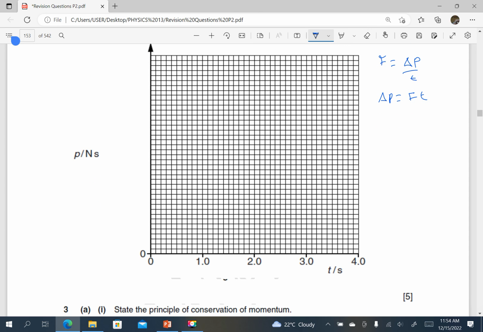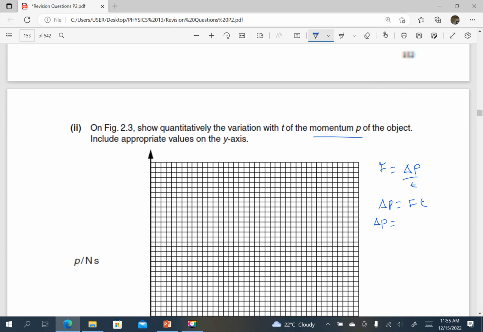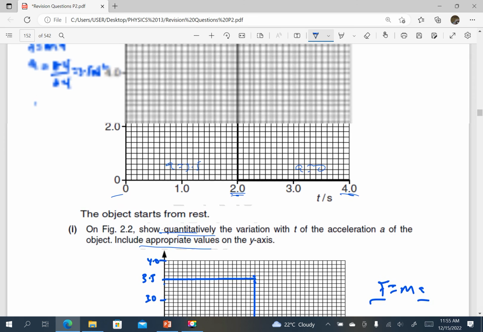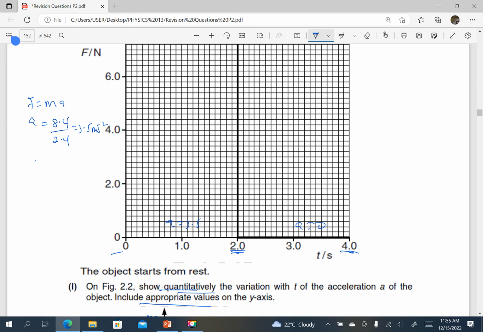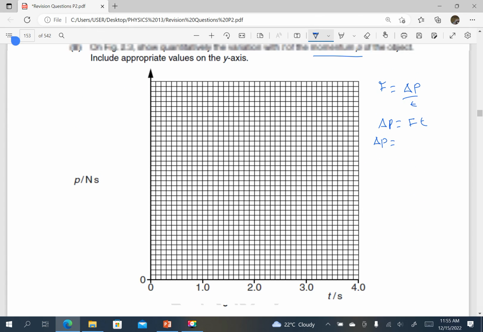So for the first 2.0 seconds, the change in momentum is going to be the force from the graph. The force from the graph was 8.4. So for the first 2 seconds, the force from the graph was 8.4.